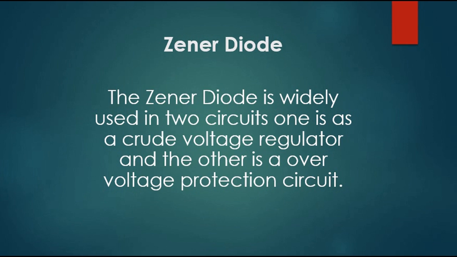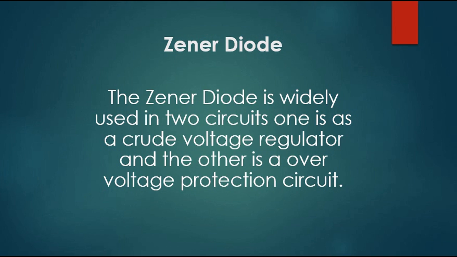So in that case, the Zener diode is widely used in circuits in two ways: as a crude voltage regulator, and also as a voltage protector in a circuit. Those are the things it does in a specific circuit, all depending on the specific function you are using the Zener diode for.